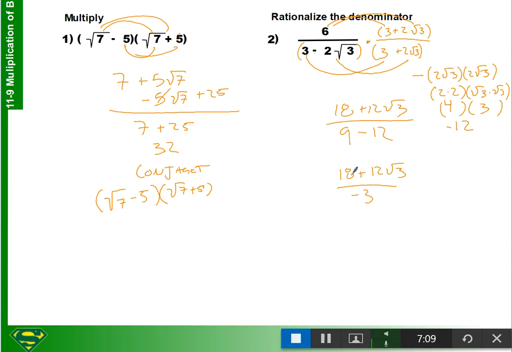So how many times does negative 3 go into 18? 18 divided by negative 3 is going to be negative 6. How many times does negative 3 go into positive 12? Well, it goes in negative 4 times. And we still have the square root of 3. So the trick, once you get to this point, is to realize you're dividing both the 18 and the 12 by this denominator. And you have to go ahead and divide both pieces. So this is my final answer.